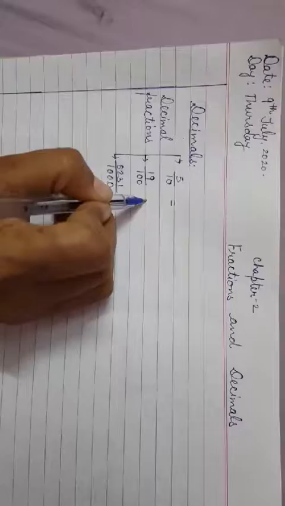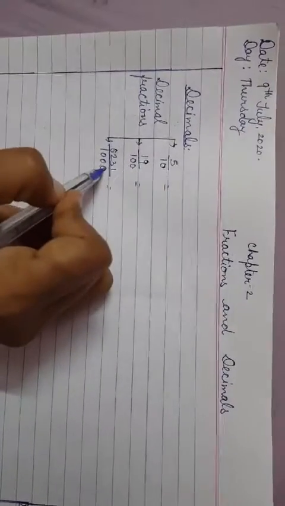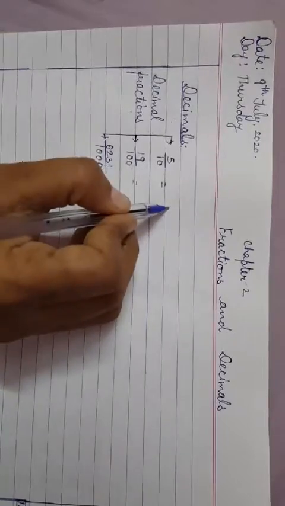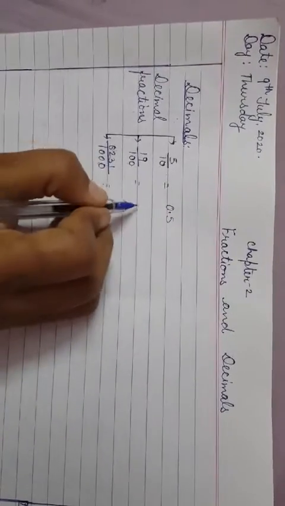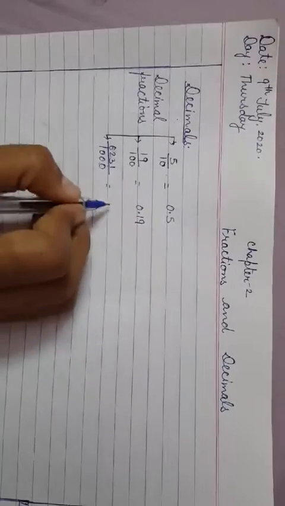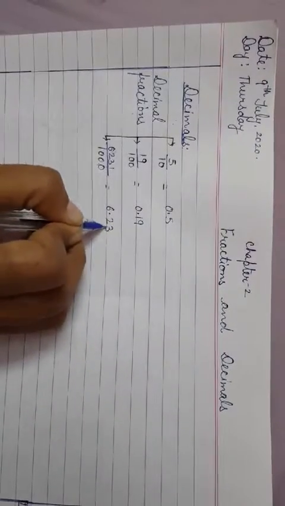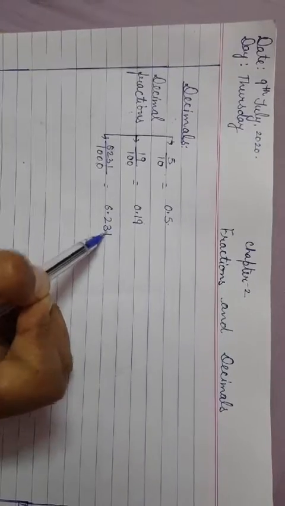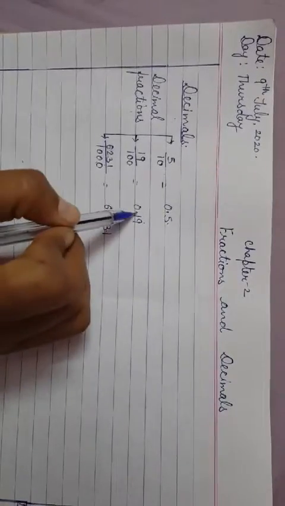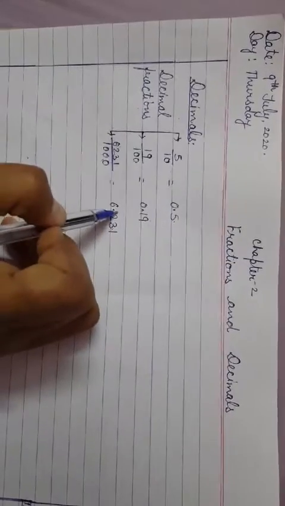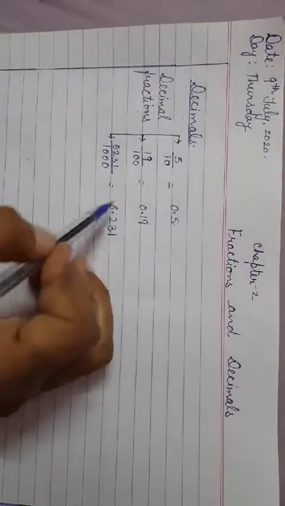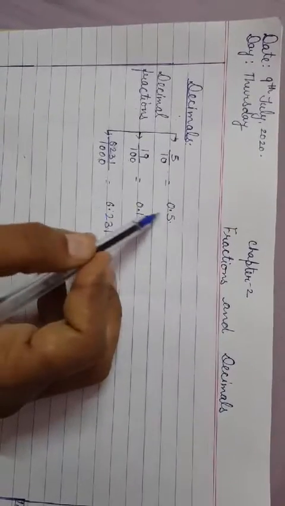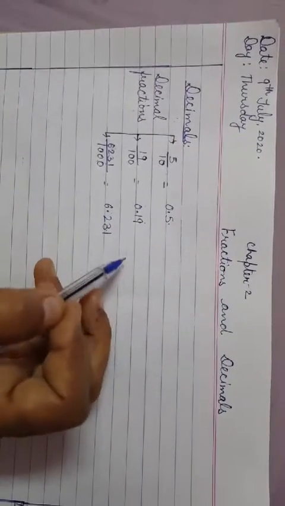So if I write these fractions in the form of decimals, means 0.5, 0.19, 6.231, then these are called decimal numbers, and this dot or point is called the decimal. Means decimal numbers are written by using a decimal between numbers. Okay.